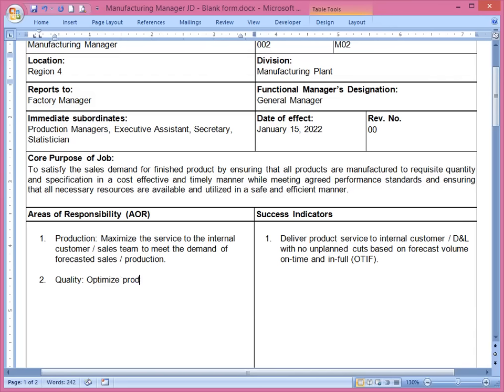Product, to ensure that products meet laid down product specifications. I always use this word, laid down.